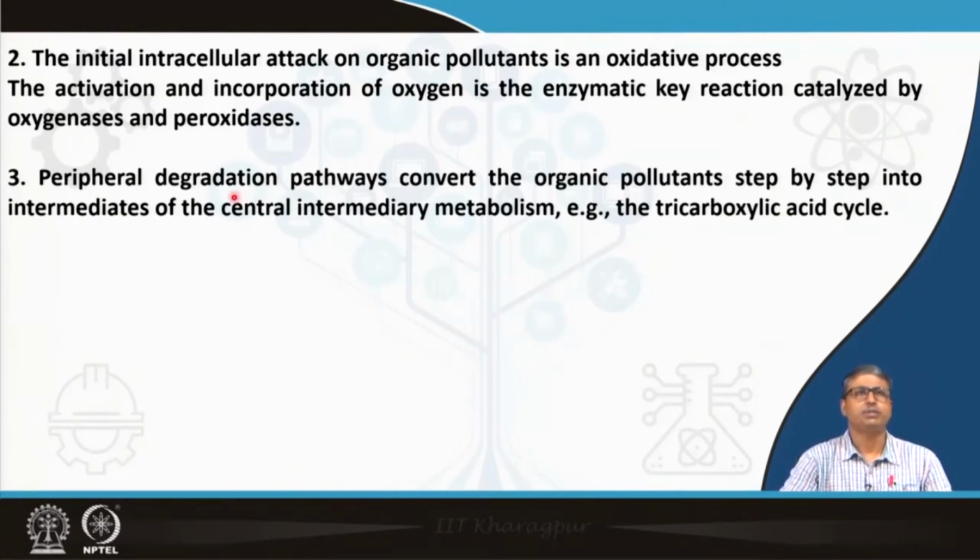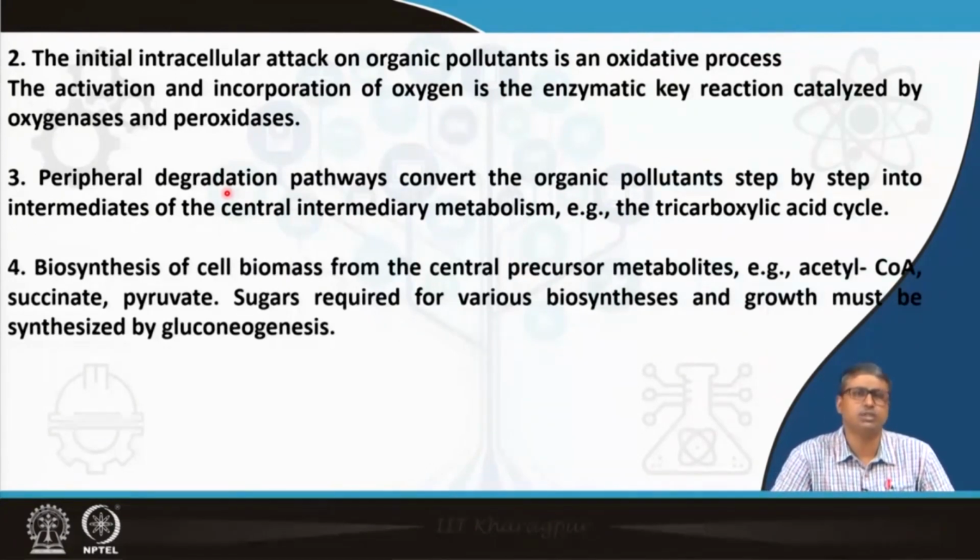The next step would be the peripheral degradation pathway. Once the aromatic or the aliphatic molecule is activated with the use of oxygen, the peripheral degradation pathway will convert this organic pollutant in multiple steps into intermediates of the central intermediary metabolism, for example, the metabolites which are to be processed further through the tricarboxylic acid cycle.